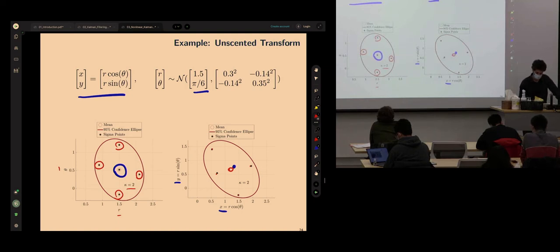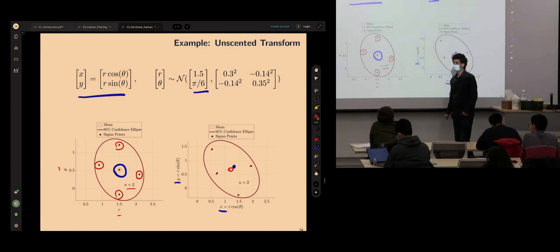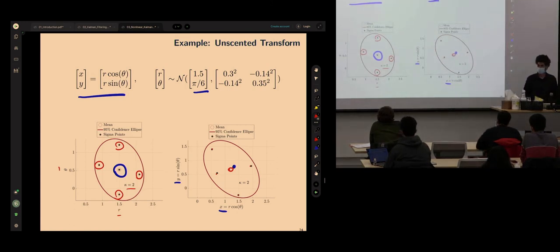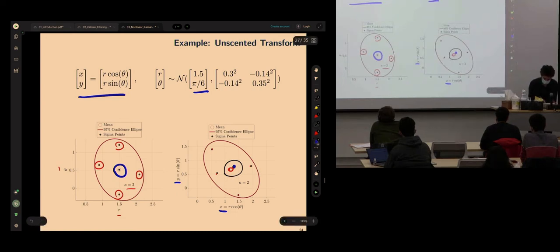Excuse me, Professor. What's the difference between the red circle on the right and the blue point? What's the difference between the two points? These two? Yeah. So blue is here.